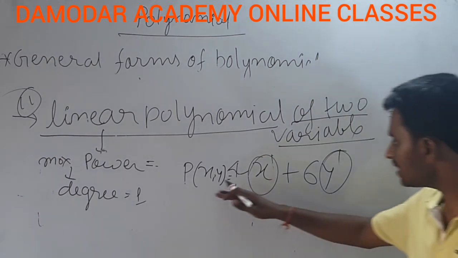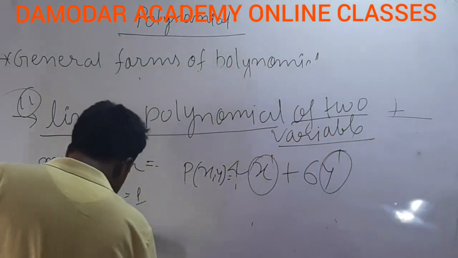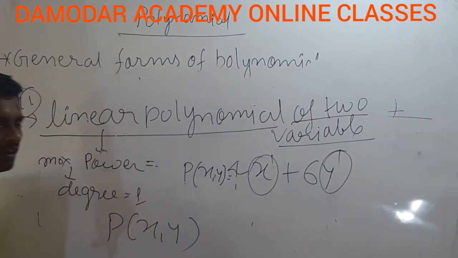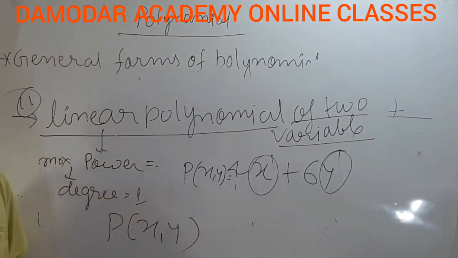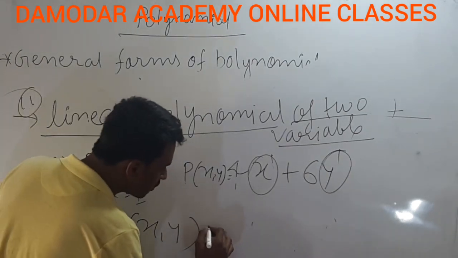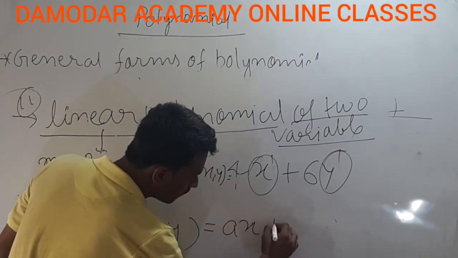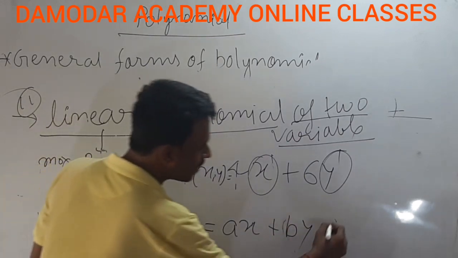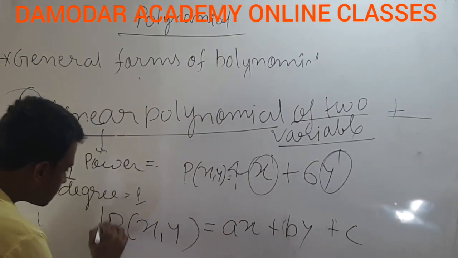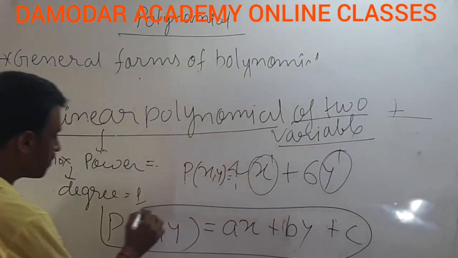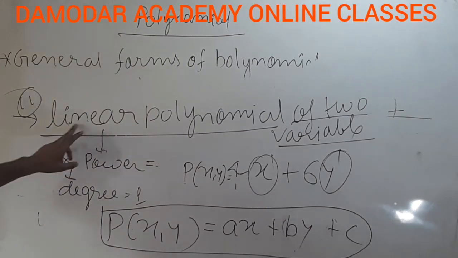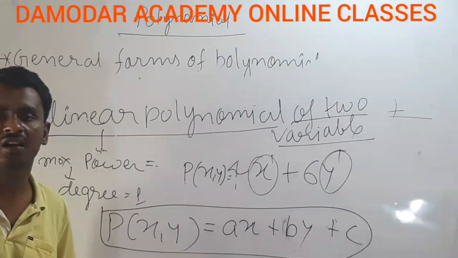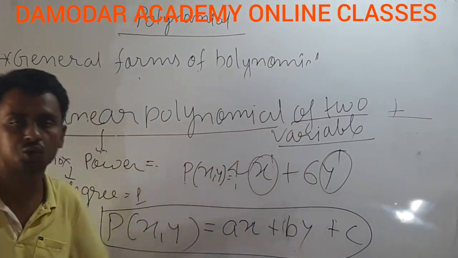We can write it in the general form as P(x, y), means x is one variable and the other variable is y. Okay? This is equal to ax plus by plus c. This is the general form of a polynomial. Which type of polynomial is this? This is the linear polynomial of two variables. So this is the general form of a linear polynomial in which the number of variables is 2.